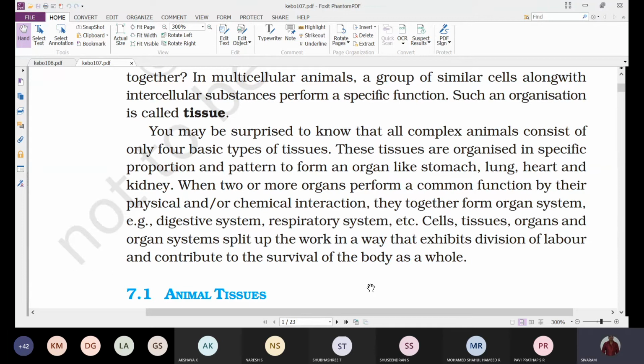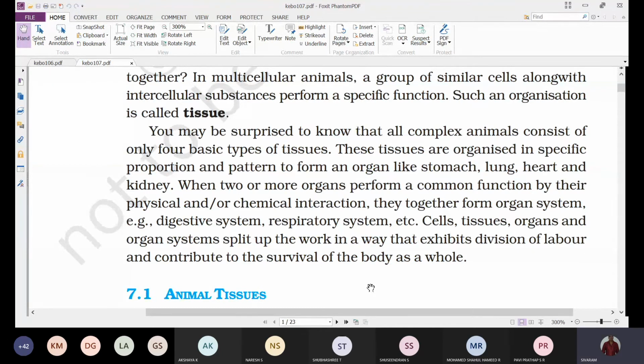When all these are along with the heart, then only the circulatory system can function as a unit. So it is also an organ system. Likewise, the excretory system, reproductive system, nervous system.